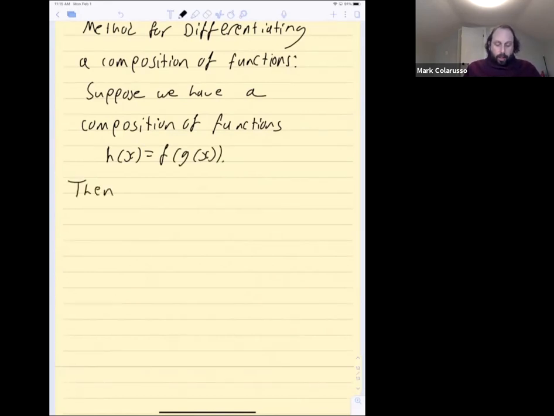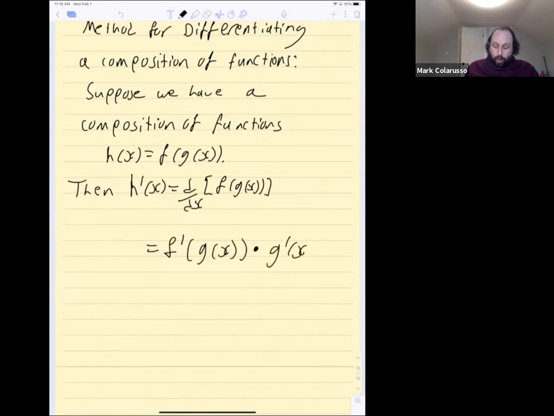Then the derivative of h, which we can also write in this other notation as d/dx of f of g at x, is the derivative of f evaluated at g times the derivative of g. That's what it works out to be.